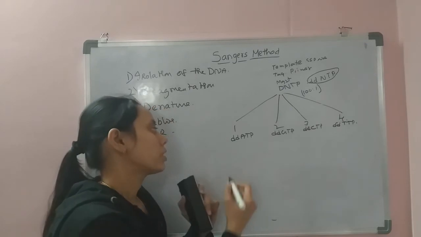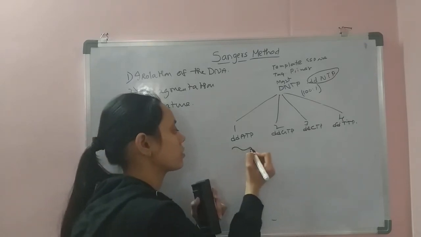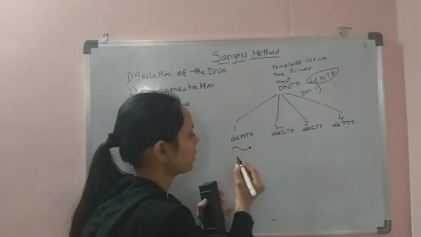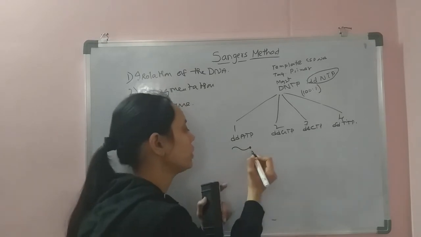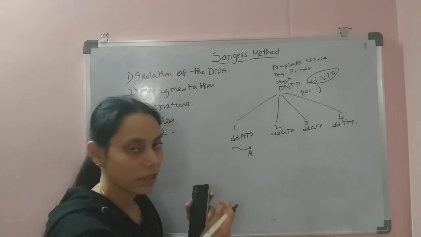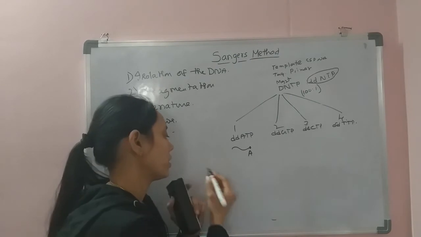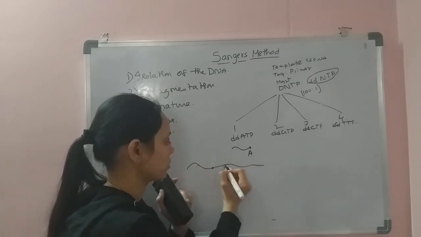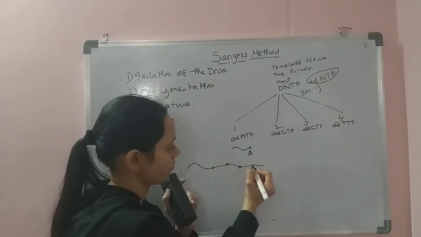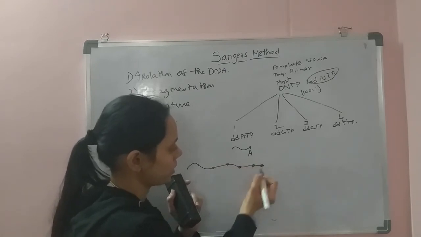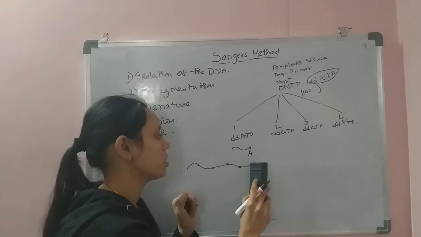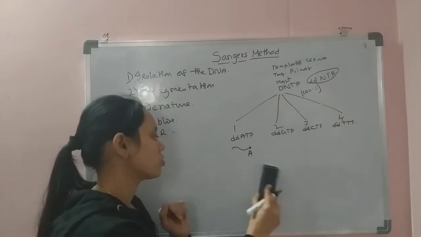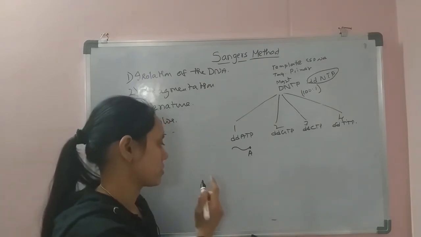That means here the chain will be terminated at every position of the adenine base. So in the sequence of the DNA, wherever we find dATP, there is a chance of chain termination to produce different lengths of the fragments.